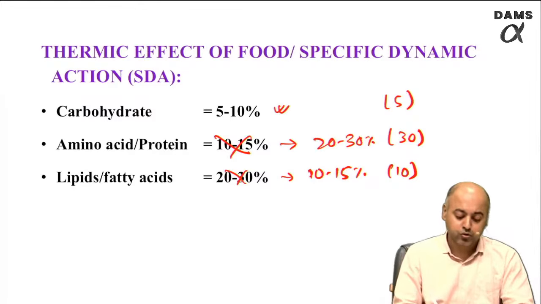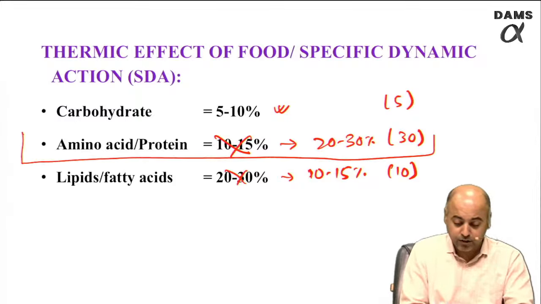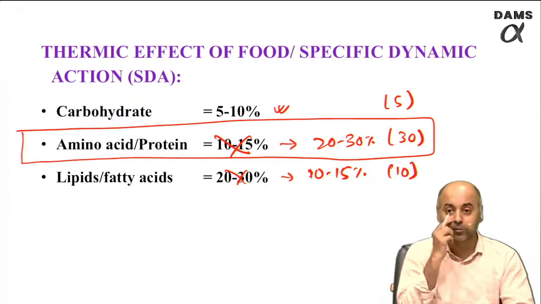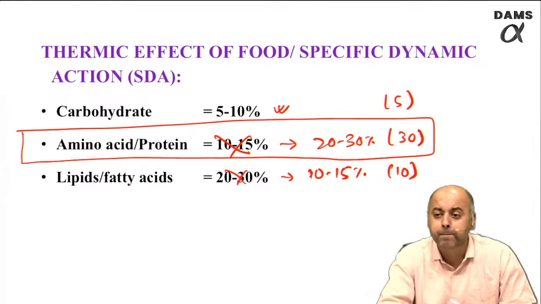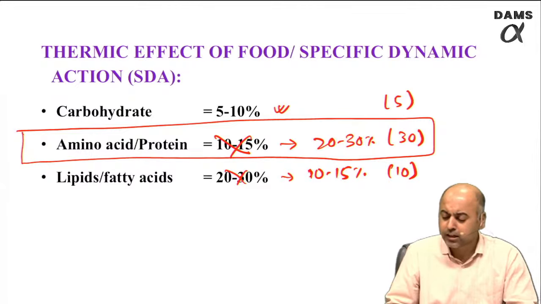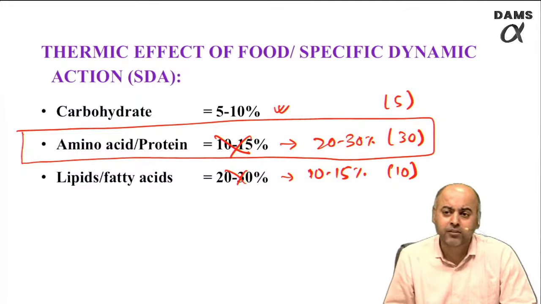Okay, so you can make out that the highest thermic effect of food is for amino acids and proteins. Blood alcohol is routinely done in the gray vial.